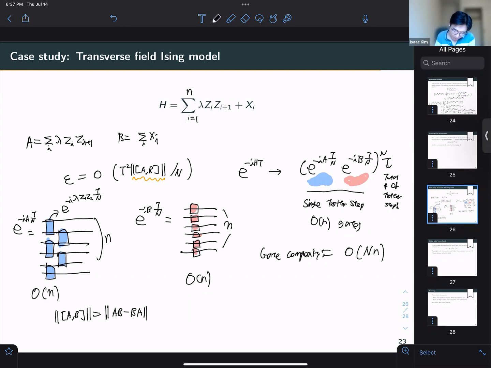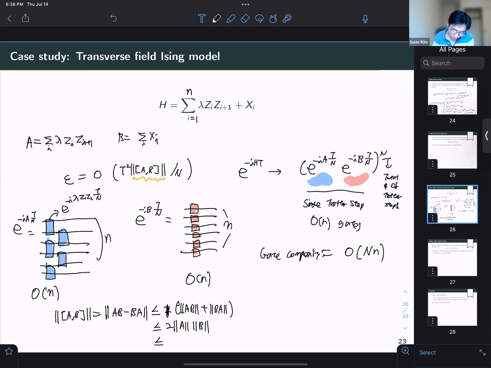So this is just a commutator. Then we have a triangle inequality, and therefore this is AB plus BA, and that's upper bounded by 2 times the norm of A times the norm of B. But assuming that lambda is order 1 constant, A and B both consist of at most n terms.